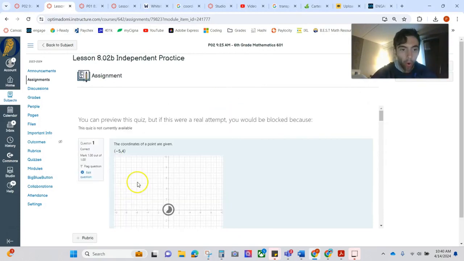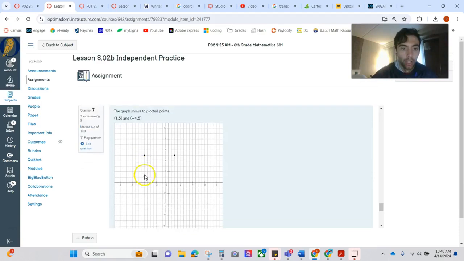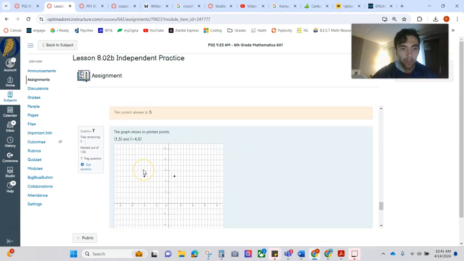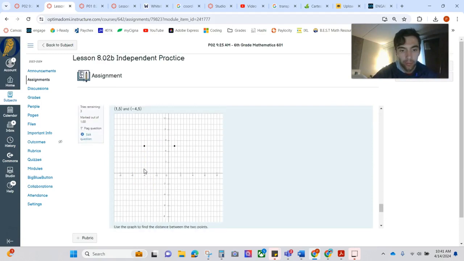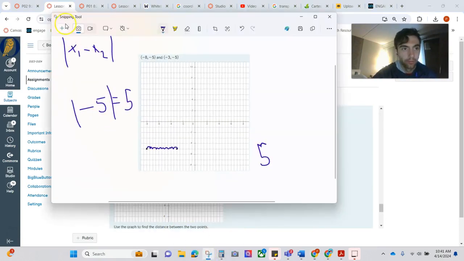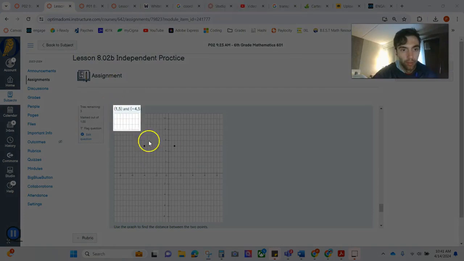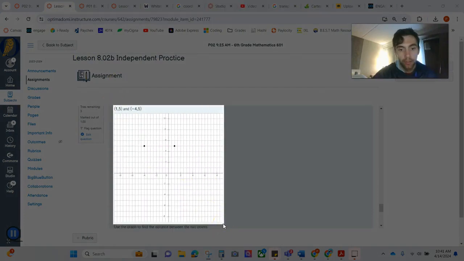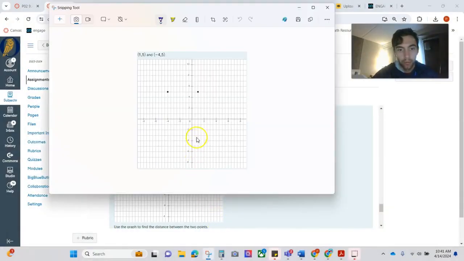One more question. The graph shows a plot of points 1, 5, -4, 5. Use the graph to find the distance between the points. Looks like for this graph, each jump is worth half, like 0, 0.5, 1, 1.5, 2, 2.5, 3, 3.5.